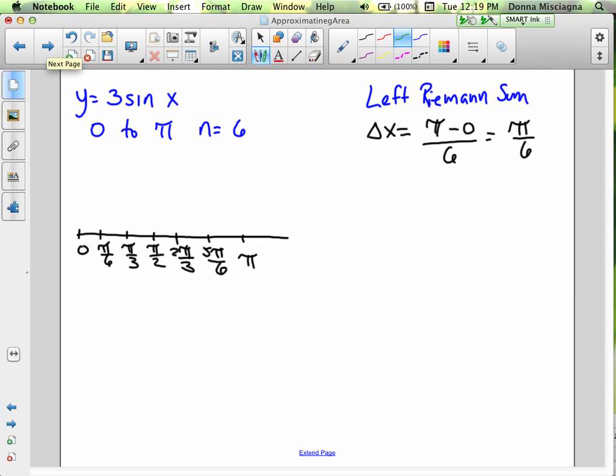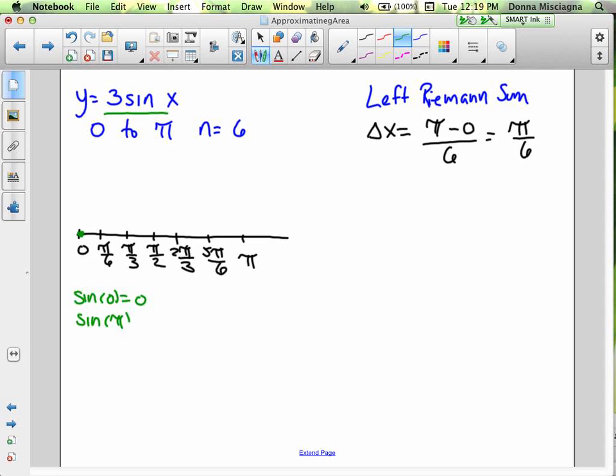Okay, so sine starts at 0. And then we want to draw our graph, right? So let's get a couple key values here. So sine 0, and this is 3 sine of x, so 3 sine of x is still going to be 0. Let's try and draw this a little bit accurate.